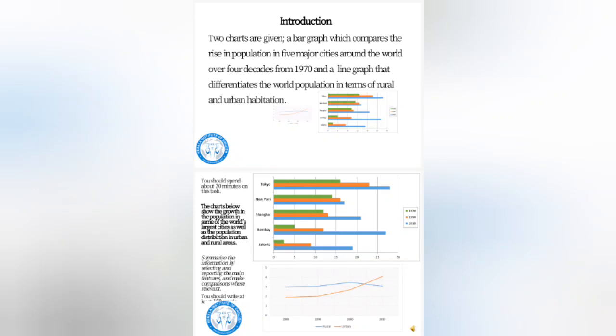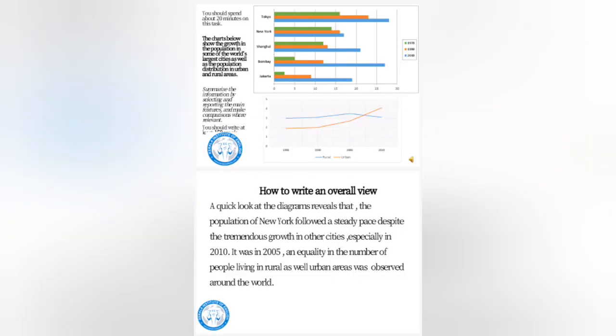Now, when you move on to writing an overall view, there is no specific format that you should follow, this format or that. The purpose of the overall view is to give an idea of what the diagram is revealing. For example, I have written: a quick look at the diagrams reveals that the population of New York followed a steady pace.